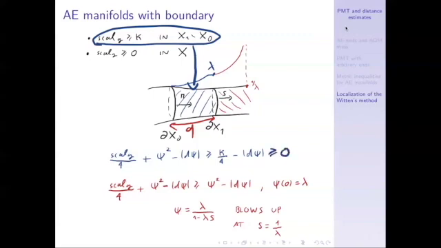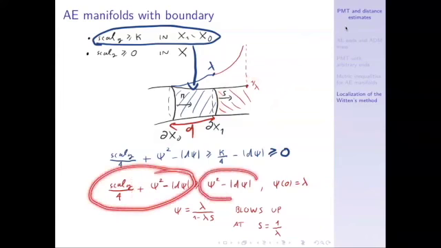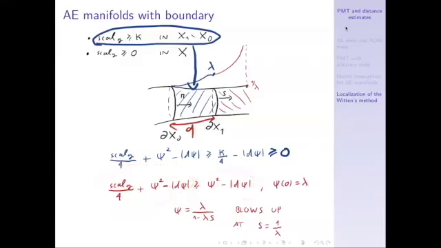Now we want to extend psi into the region over here. In this region, we only know that the scalar curvature is greater or equal than 0, and therefore this differential expression is going to be greater or equal than psi squared minus the psi.